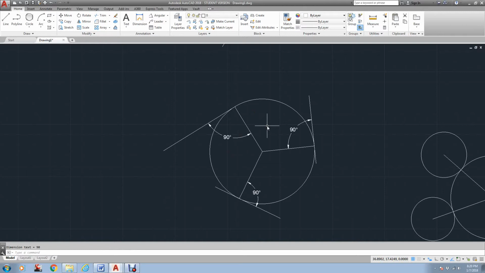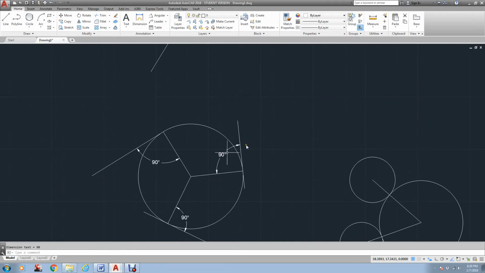You don't have to know equations or anything, but you need to understand shapes and understand a little bit of geometry. I mean, if you take a line like this, and you know that this angle here is 51, do you know what this angle is?